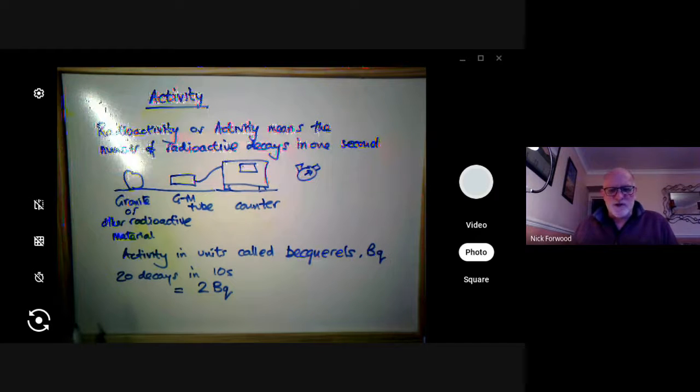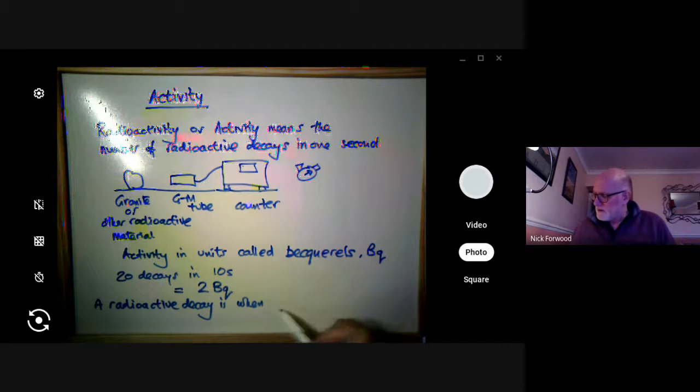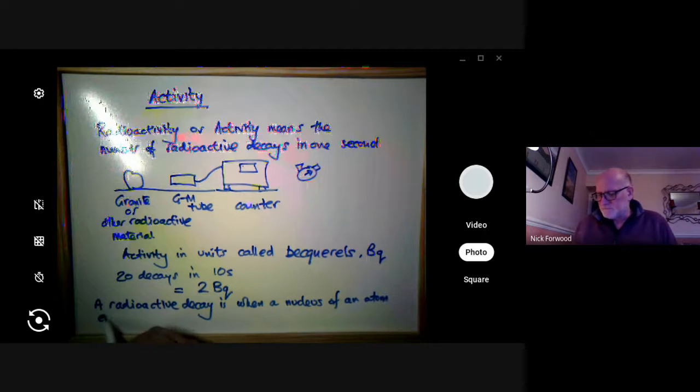Okay, so what's a radioactive decay? A radioactive decay is when a nucleus of an atom emits radiation, and that could be alpha, beta, or gamma.